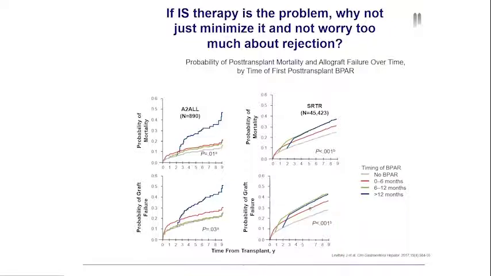Either way, it sort of doesn't matter, because rejection really is something that we should be concerned about. And so just minimizing immunosuppression therapy and not worrying about rejection is really not an ideal approach and may increase complications for this patient population.